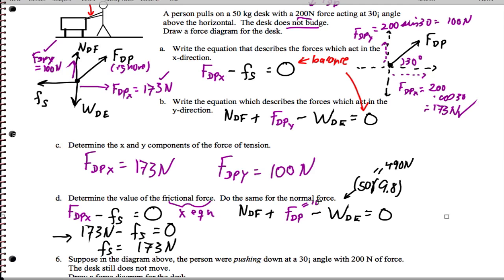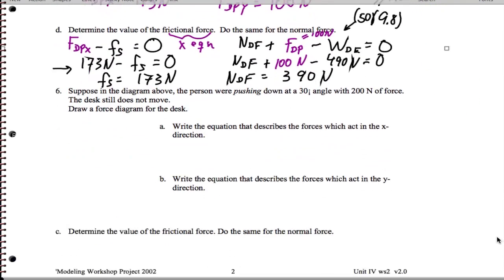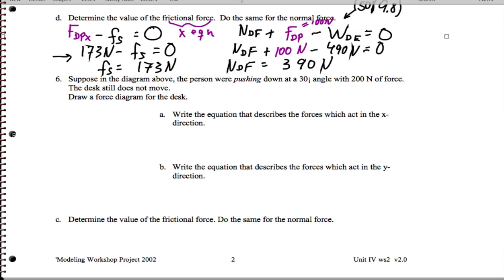I know that that's 100 newtons. So now I can go ahead and solve. I get that the normal force plus the 100 newtons from the pulling force of the person on the desk minus 490 newtons equals 0. When I solve, I'm going to get that the normal force is 390 newtons of force.